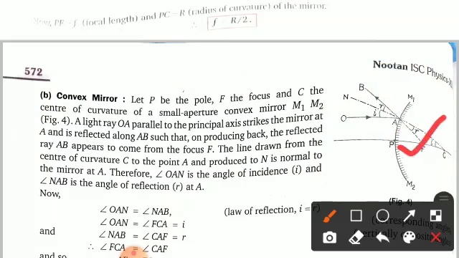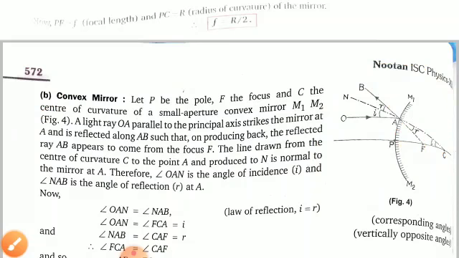This is your principal focus of the convex mirror, you can see here. The line drawn from the center of curvature C to the point A and produced to N, as you can see in figure 4, is normal to the mirror at A. Therefore, angle OAN is your incidence angle and angle NAB is your reflected angle.